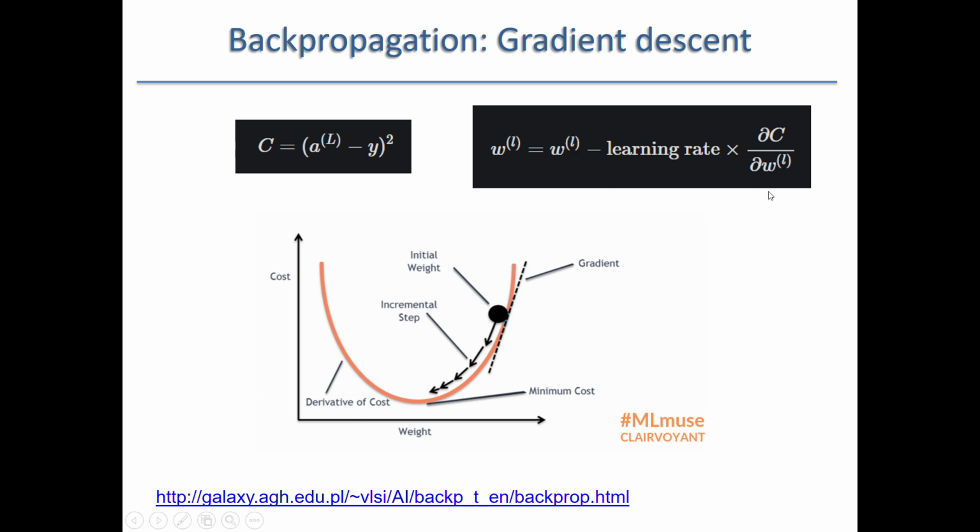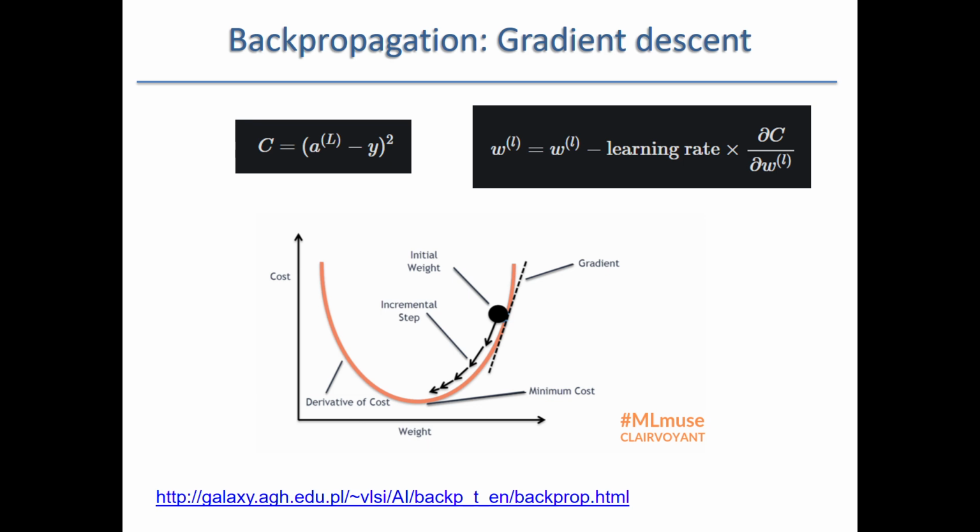So what is the reasoning of this? Let's say that we see that when we increase a particular weight, the cost also increases. So this will be positive. So what we have to do is to decrease our current weight, because when we increase it, we increase the cost.